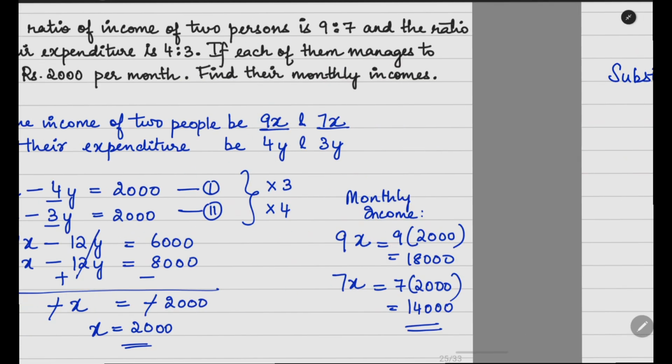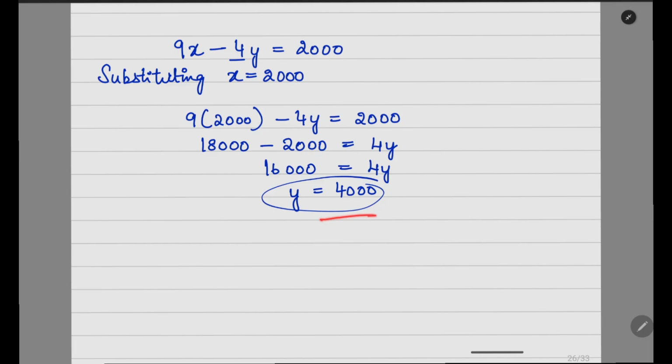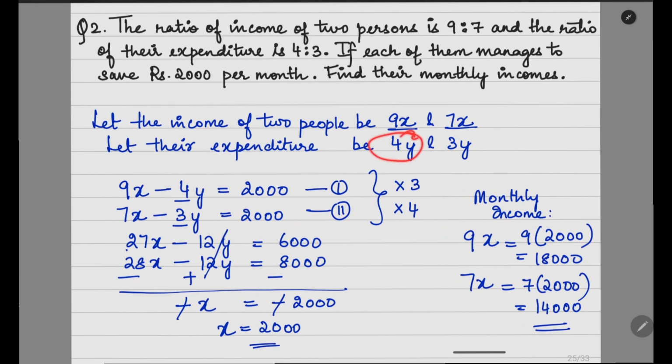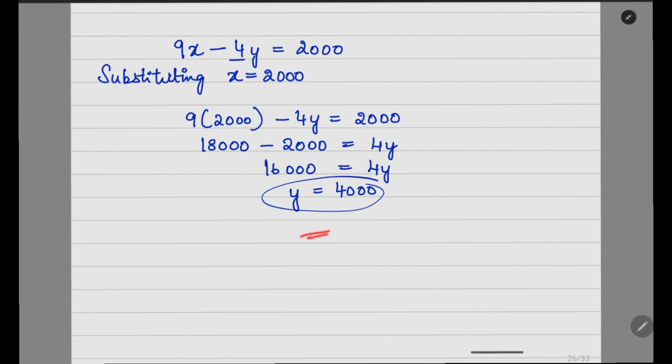So y is 4,000. Suppose you were asked the expenditure, then 4 into y, 4,000, will be their monthly 16,000, and 3y is nothing but 12,000. So these are their total expenditures. In case you are asked, you can do it.